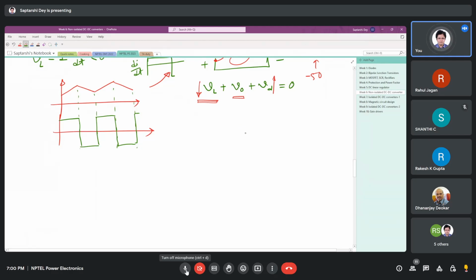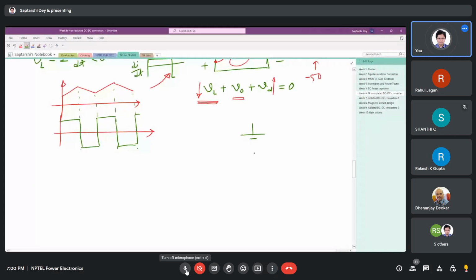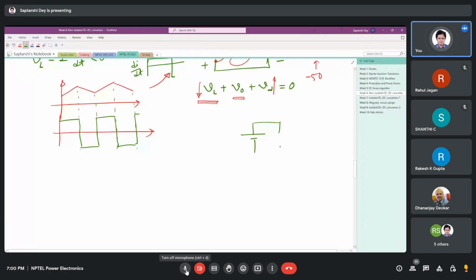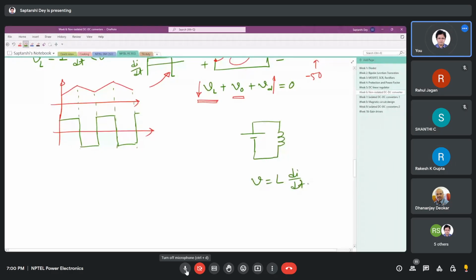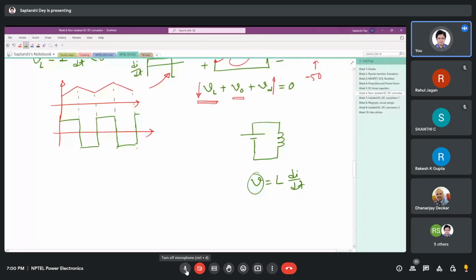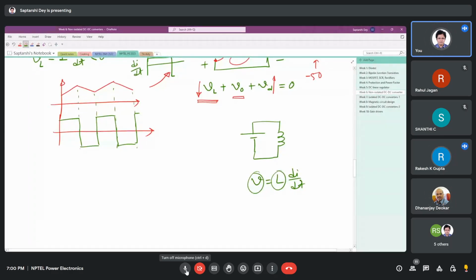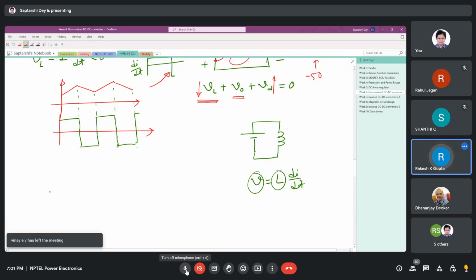If you consider a DC circuit with only an inductor, then V equals L di/dt. The slope of the current is decided by the voltage and the inductor value. But in this circuit, if it is an ideal inductor, what will be the slope of the current rise?